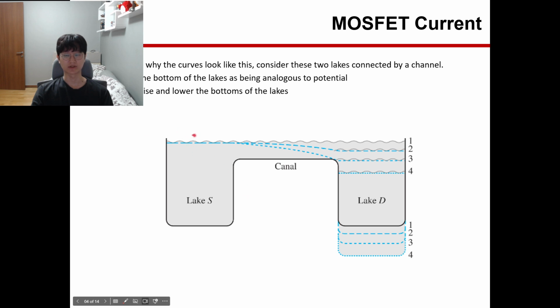To explain MOSFET current, we assume this part is the source and this part acts as the drain, and we apply bias this way, minus and this part plus.